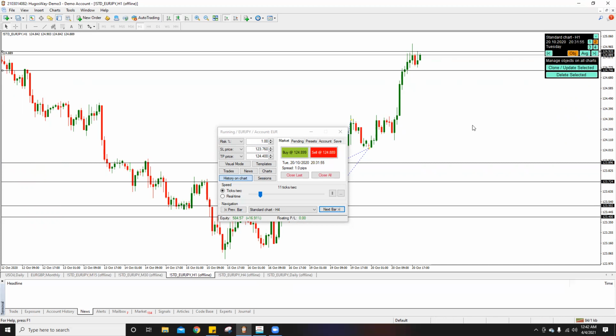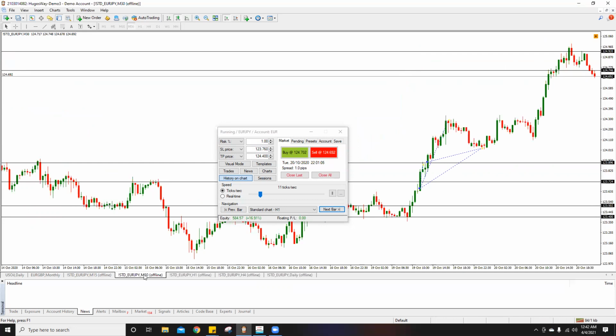So still just waiting for price to kind of react to that area. So it's finally breaking below.